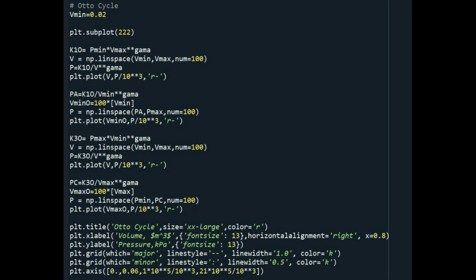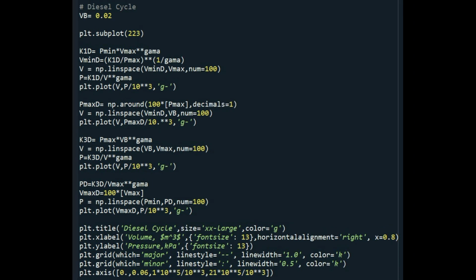When there is an isochoric process, the variation should be in pressure and not in volume. In the diesel cycle, Vb equals 0.02. For each process, I inserted the constants, the equations, their limits, and the information in the graph.